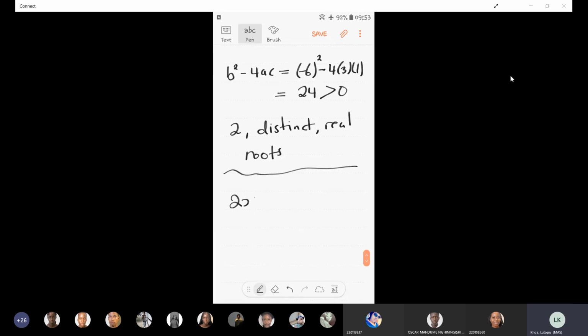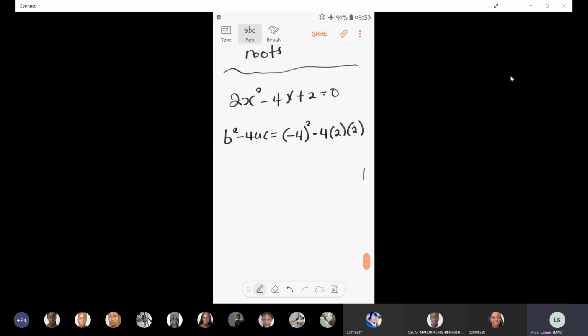Another one, 2x squared minus 4x plus 2 is equal to 0. So my discriminant, b squared minus 4ac, is negative 4 squared minus 4 times a, which is 2, times c, which is 2.